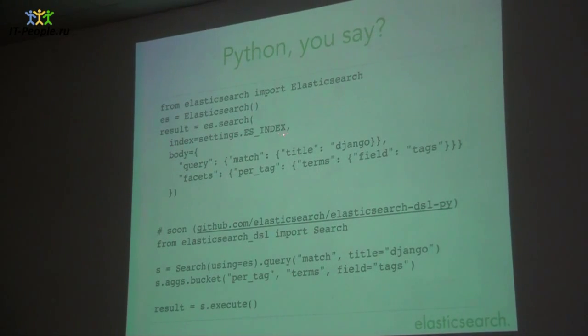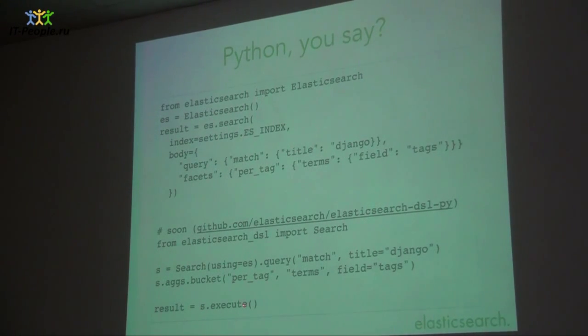You search over an index, or you can search across more of them, as we've discussed, or across all of them, and you supply the body. Here, I'm looking for the word Django in the title, and I'm getting back the terms facet for tags. So essentially, the distribution of tags in my data set.